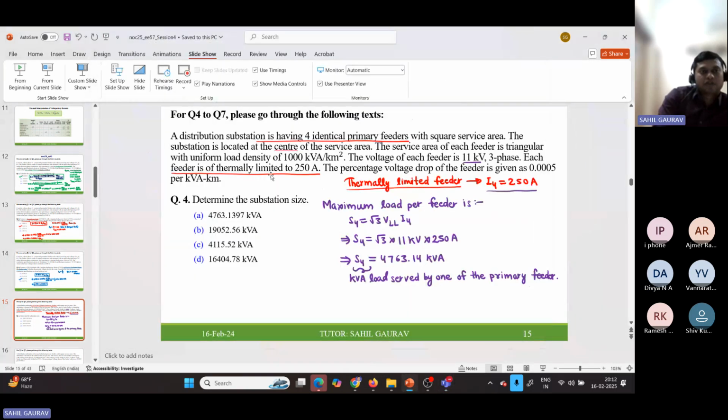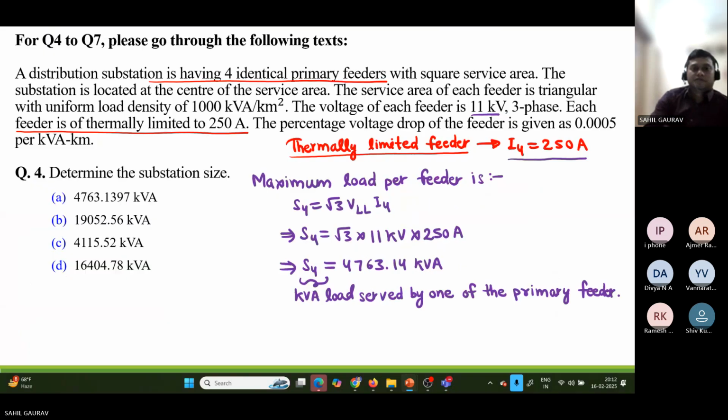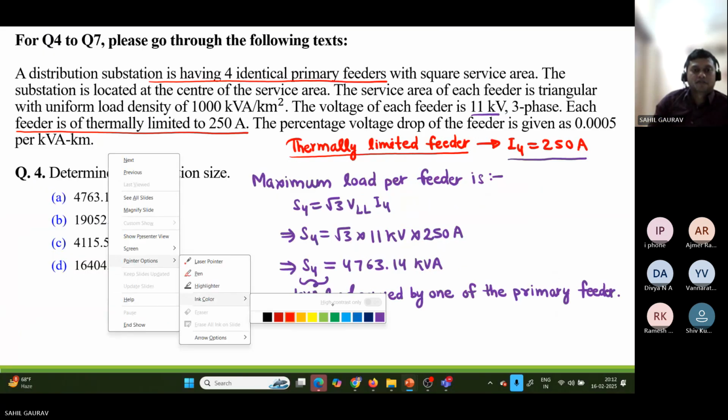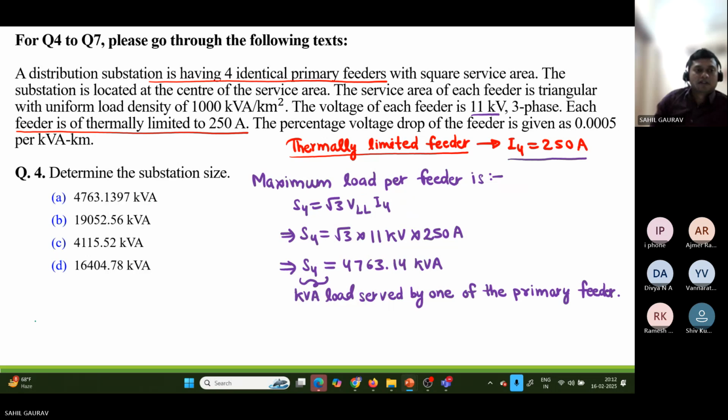Yes, you are correct because, as I said, we have a substation service area. This is the substation. If you make this one primary feeder, then this is a primary feeder, this is a primary feeder.